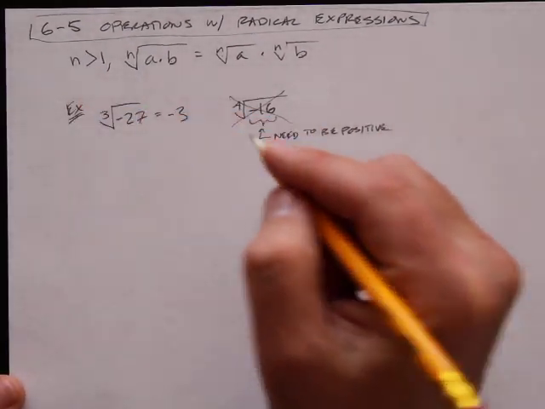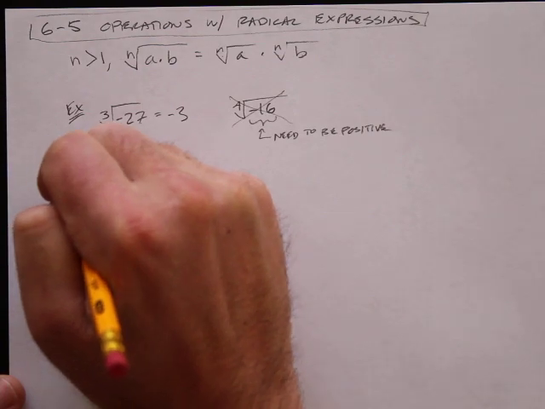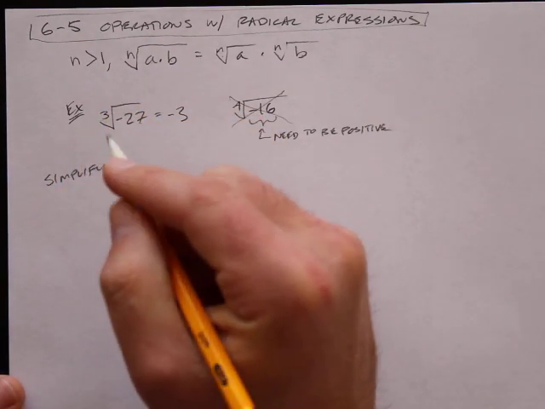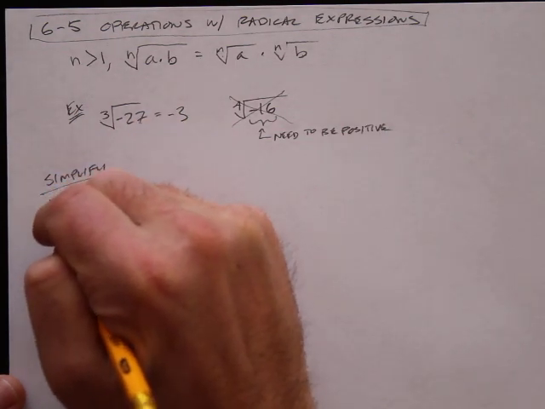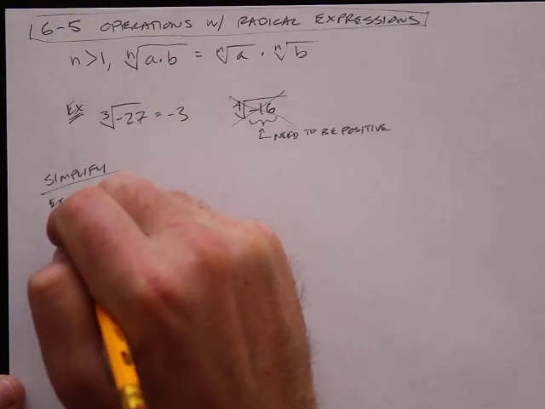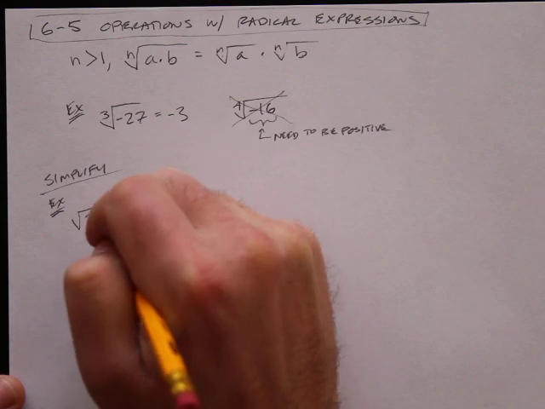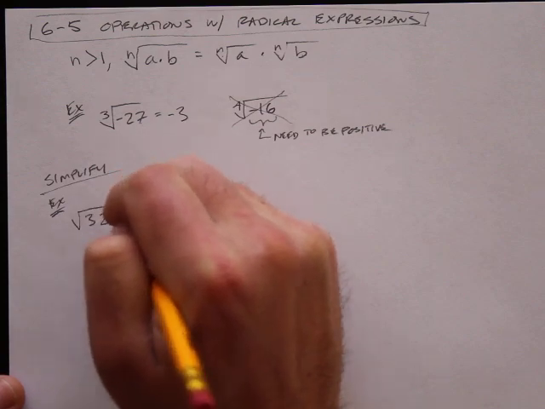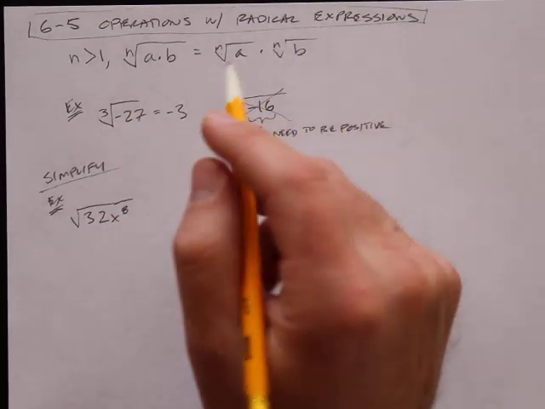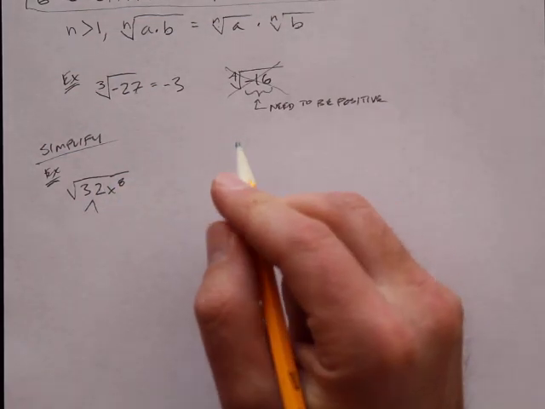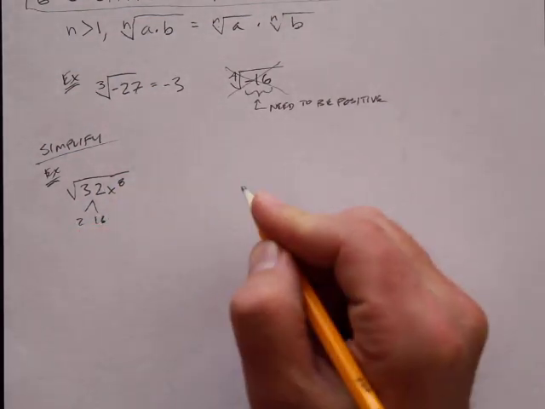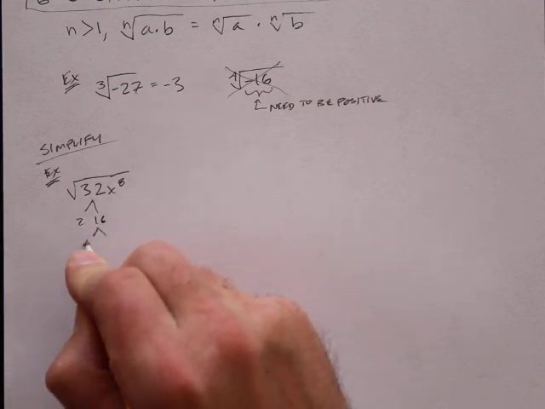Okay. Simplify. We've got an example, and it is the square root of 32 x to the 8th power. Okay, so 32 is 2 times 16, and 16 is 4 times 4.